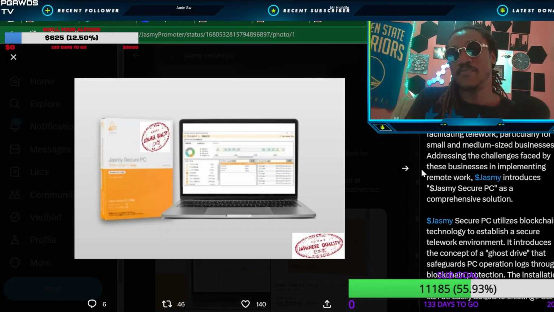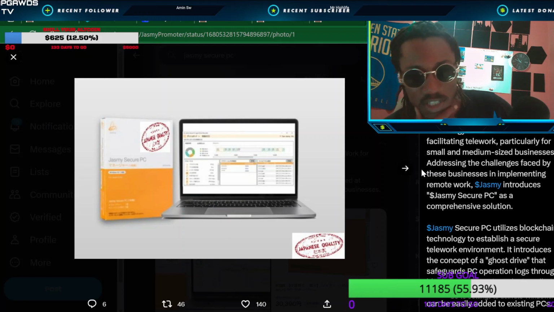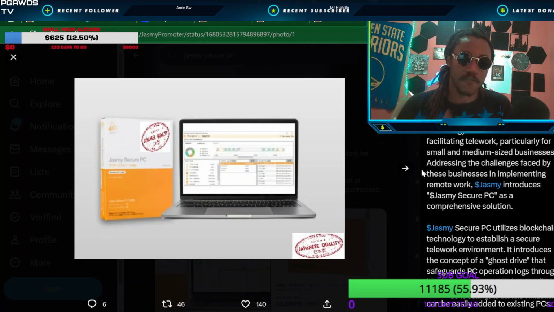And the funny thing is, you don't get this too much from crypto projects. Usually this is something like traditional finance. You can tell these guys came from traditional finance because crypto projects are mostly speculation, right? But Jasmy seems to have it all together. It seems to have the framework of a product, a company, and a real world utility.